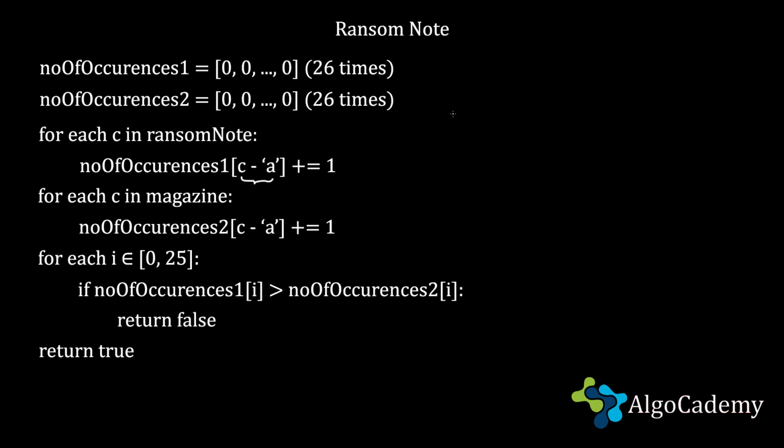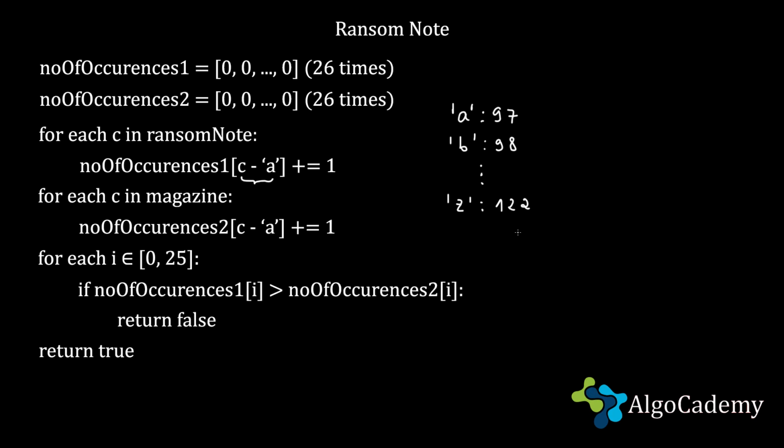So, for example, the ASCII code of the letter A is 97. The ASCII code of the letter B is 98. Letter C, 99, and so on and so forth. The ASCII code of the letter Z is 97 plus 25, 122.